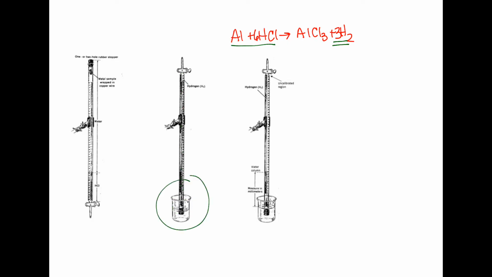Now the reason why this burette is down into a beaker is because that stopper, it's a stopper, but it has a hole in it, and that hole is so that the pressure on the inside of the burette can equilibrate with the pressure on the outside of the room, and that'll allow us to find the pressure of the gas in the burette.